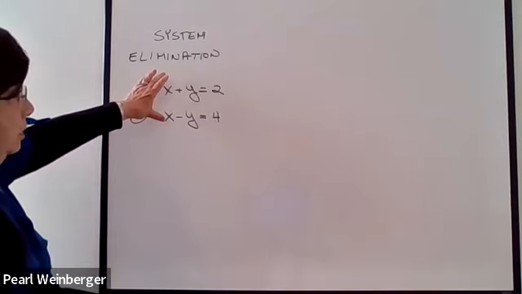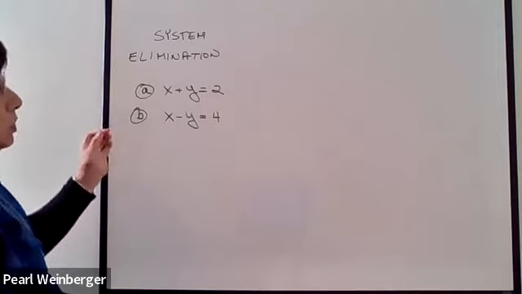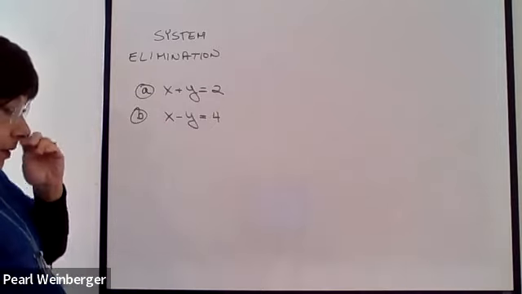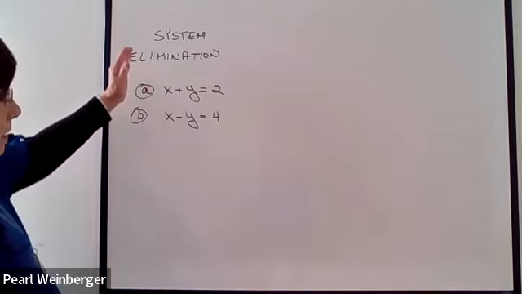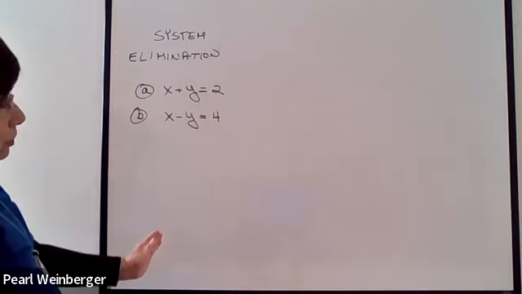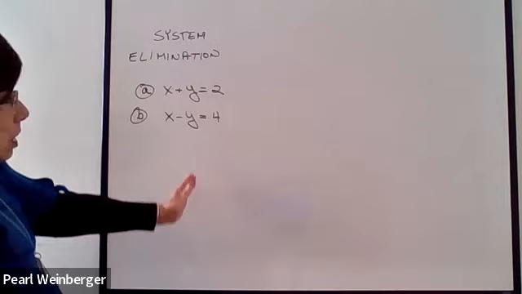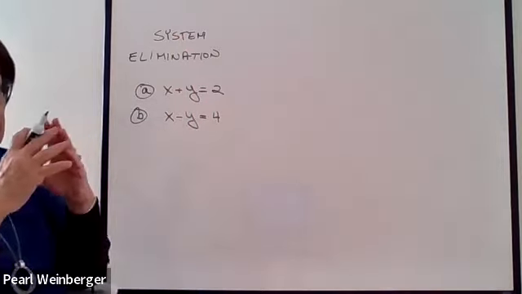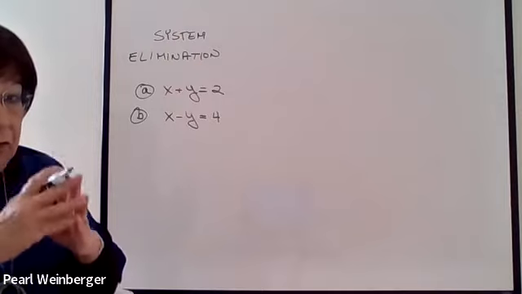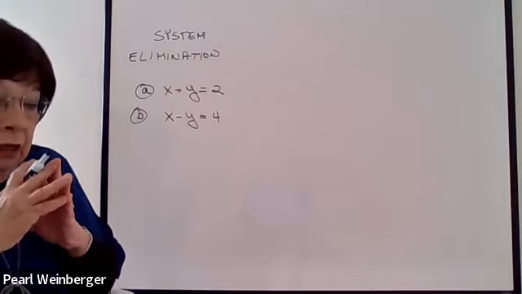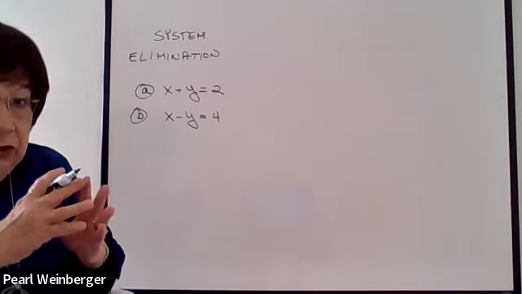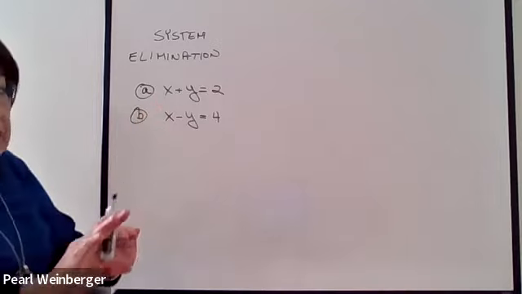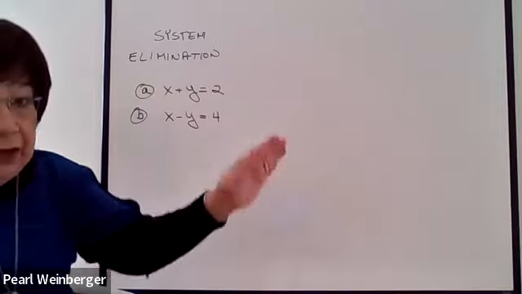I'm going to take these two equations, which are what we call in standard format, where you have the x's first, then the y's, then the equal sign, then the numbers. That's the standard format for a system of equations or for a linear equation. Notice it's not the y equals mx plus b form. We didn't get y equals.